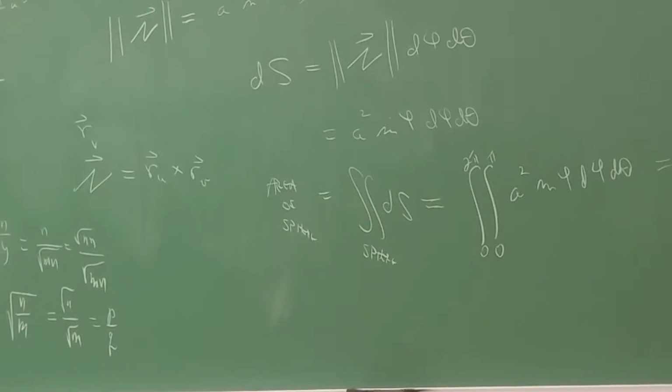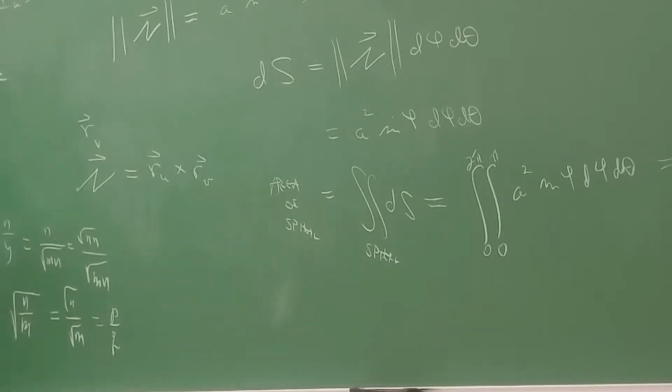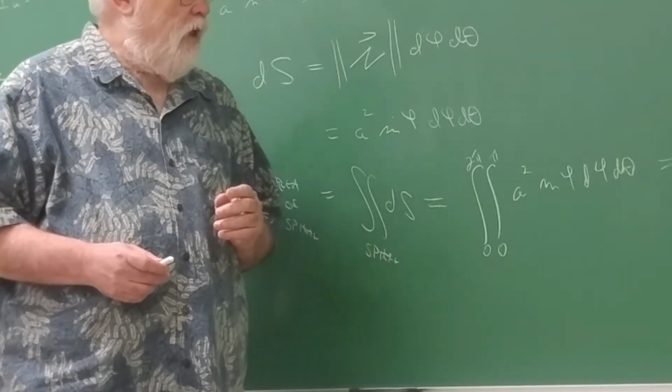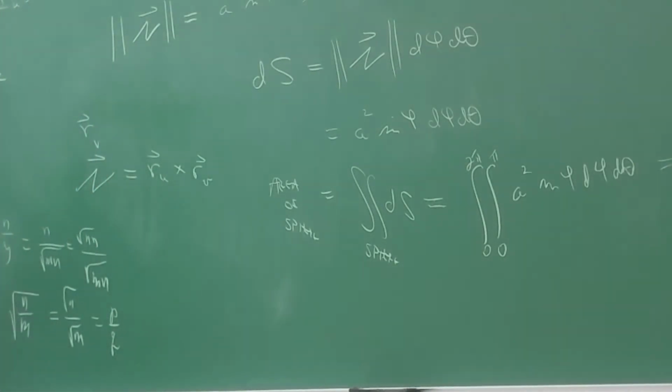It's because, look, when we're doing volume, we get a chance to integrate this one, but we don't get a chance to integrate this one over here, so it just remains as a squared. But if we integrated it, we would get 1/3 a cubed. We still have the 4 and the pi. So if we integrate it with respect to a, as a increases, then we get our 4/3 pi a cubed.